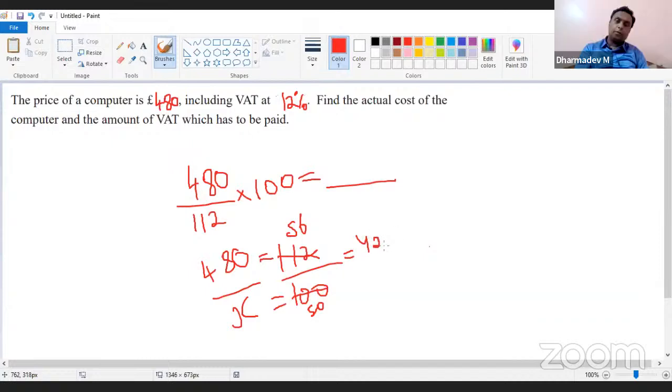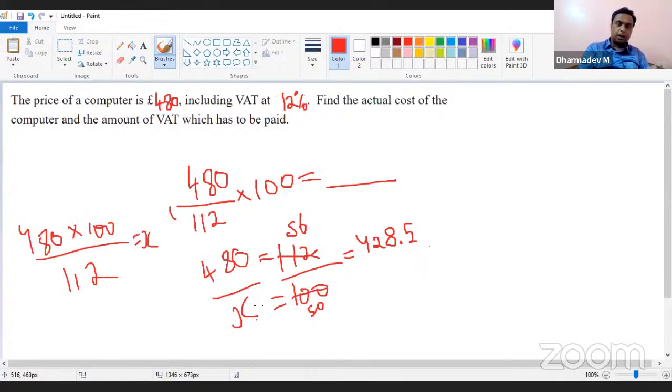The price would be 428.5, I hope. Just check it approximately. So just cross multiply: 480 times 100 divided by 112 is equal to X, by cross multiplying. Are you clear with that?